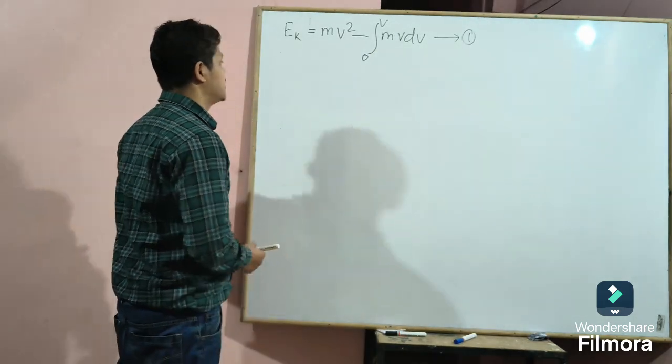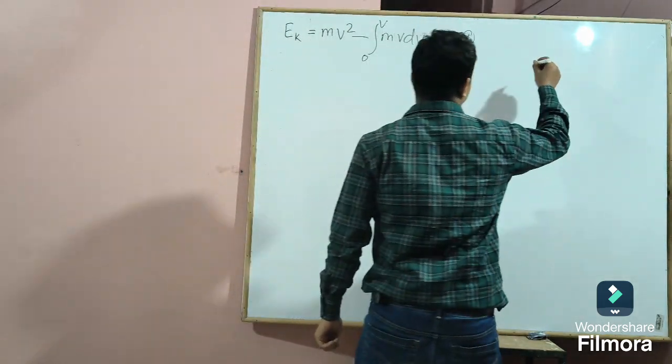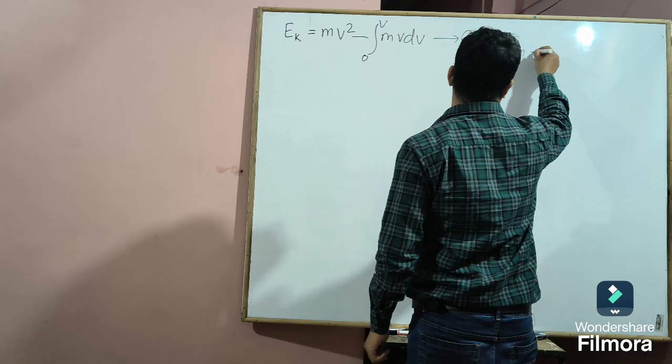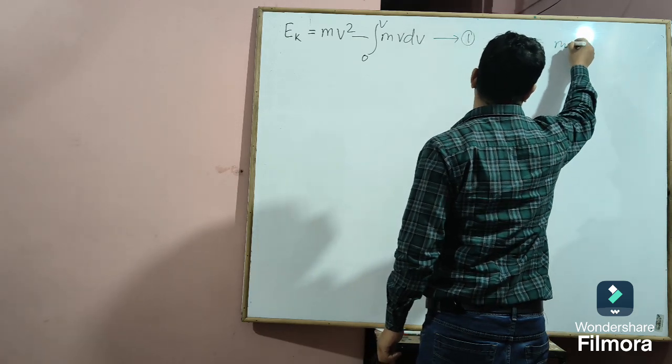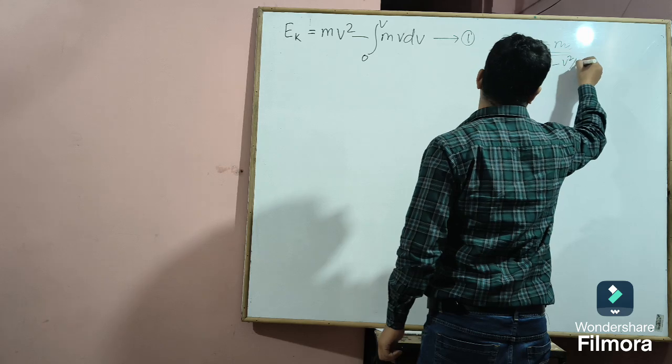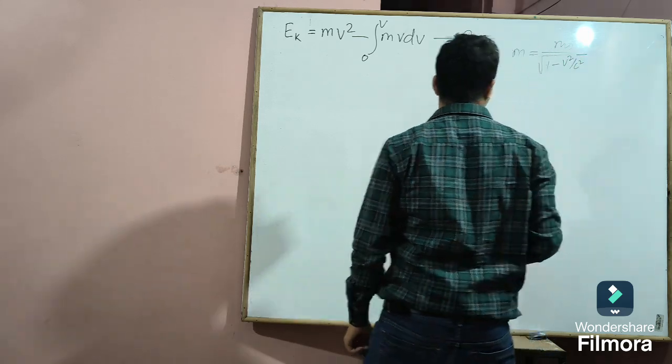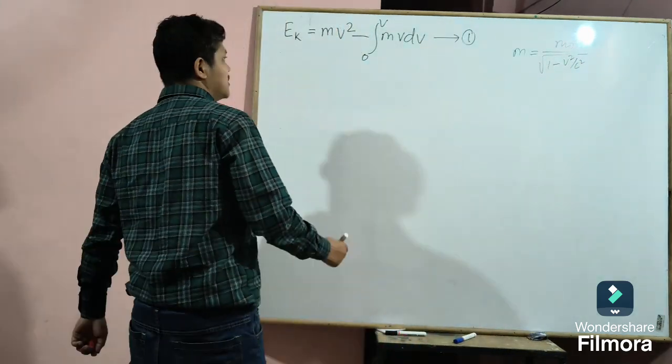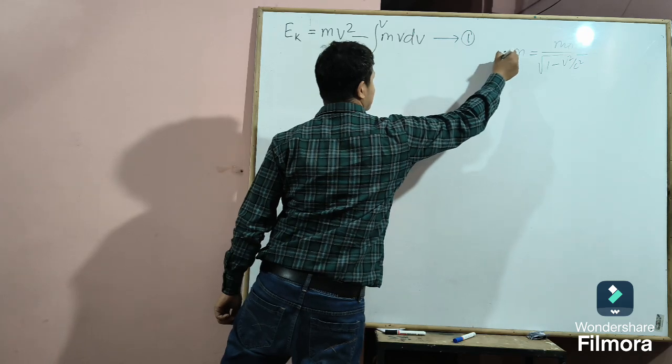Before that, let me put this relativistic mass m, which is given by m is equal to m naught by root over 1 minus v square by c square, right? We know that.